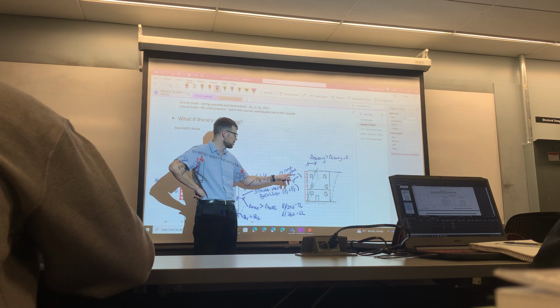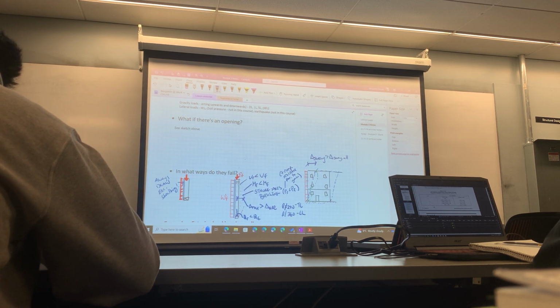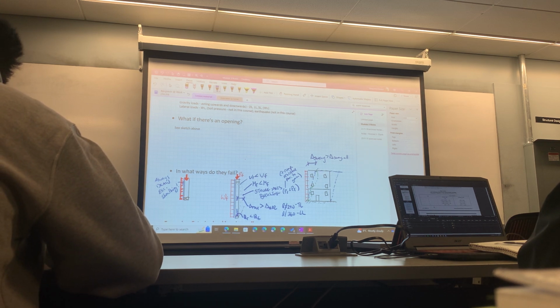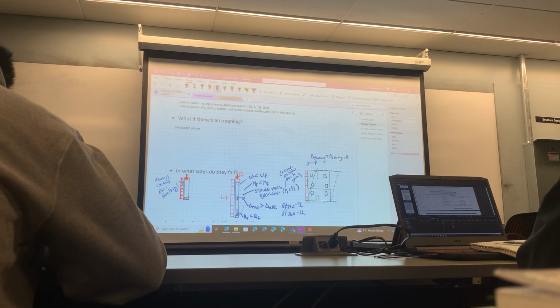So we got strong axis buckling, and then we also got compression parallel to grain. Have we got them all? Torsion, not so much. There wouldn't be torsion because of the system, everything gets loaded pretty equally and symmetrically. So torsion wouldn't be one.